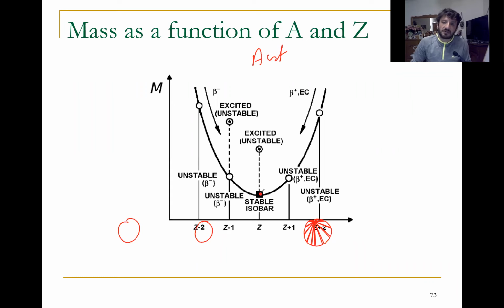The minimum mass value will be for the most stable nucleus. And here we have unstable, or we can say less stable. But the most stable nucleus has the smallest mass.